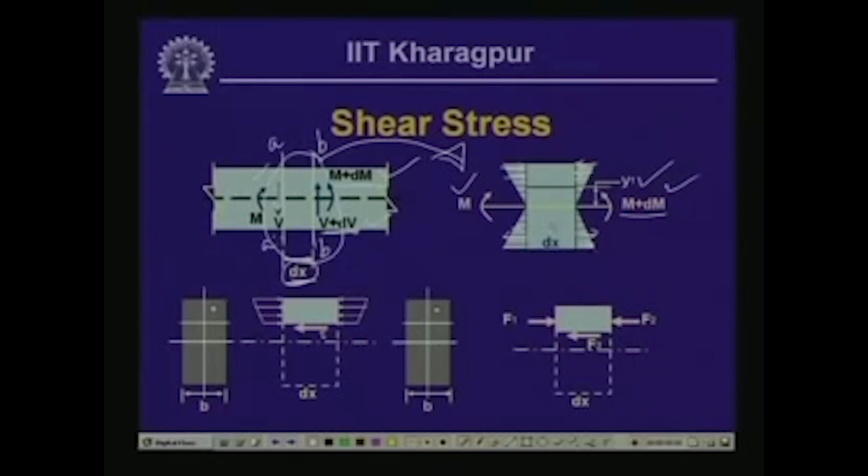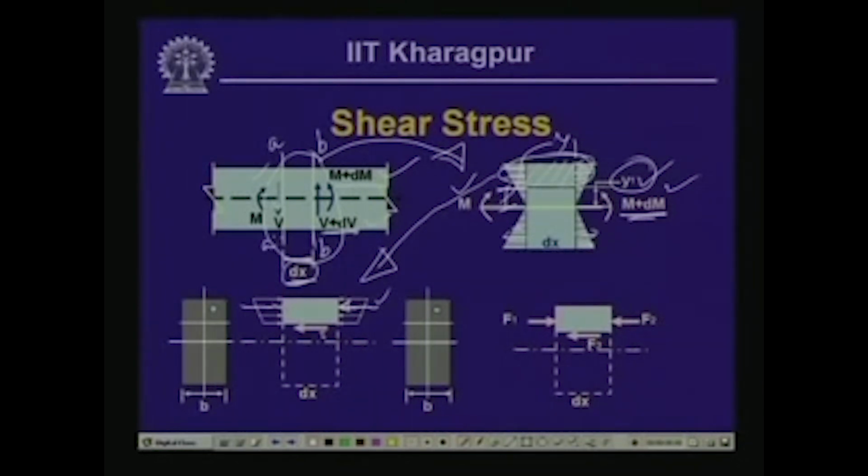Now if we consider a small segment of this particular beam which is at a distance of, let us say, y1 from this particular neutral axis, then if we separate out this particular segment and look into the stresses, the stress distribution will be something like this, that here we have the normal stress which is getting generated because of the bending moment M plus dM.